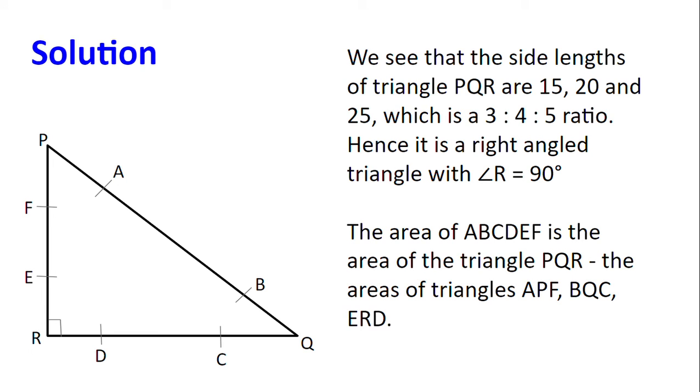The area of ABCDEF is the area of the triangle PQR minus the areas of the triangles APF, BQC, and ERD. So we will find the areas of all these triangles and subtract them from 150, which is the area of the big triangle.